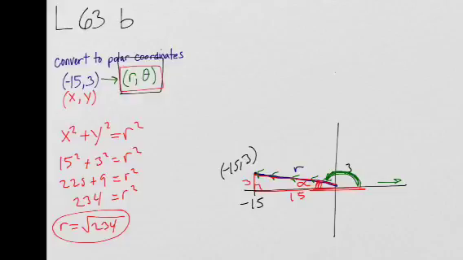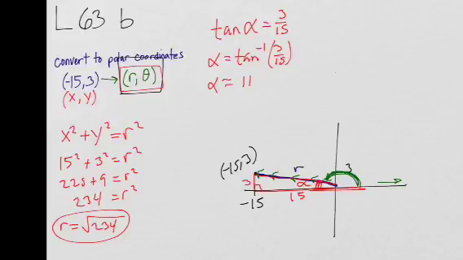I want to find that little angle. Well, I have the opposite side 3 and the adjacent side 15. That's the tangent ratio. The tangent of that little angle is equal to 3 over 15. So the little angle is the inverse tangent of 3 over 15. On my calculator, I type that in and get approximately 11 degrees.